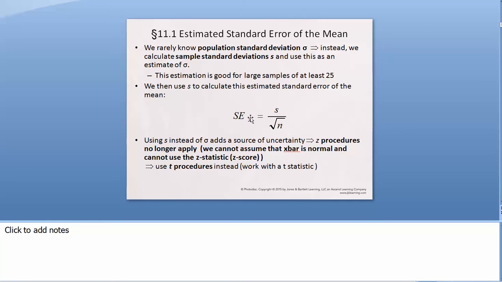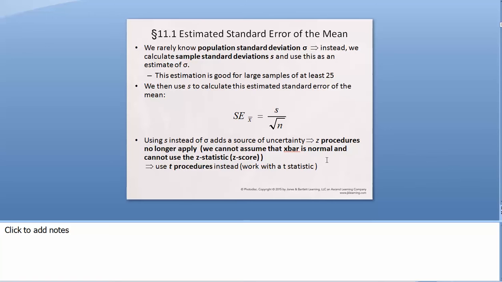Because of s, the standard error keeps on changing. So when the standard error keeps on changing, we cannot use the Z procedure anymore. Z procedure meaning we cannot use the Z scores. For the z-scores, you need to have the denominator to be constant. Remember, sigma over square root n.